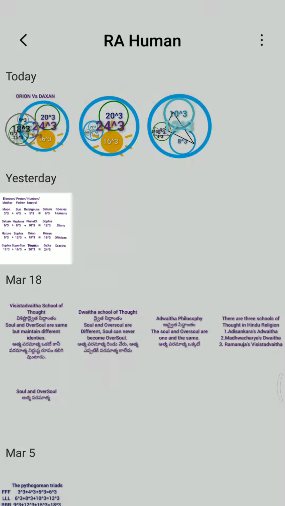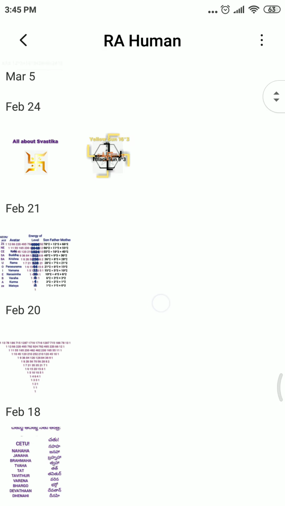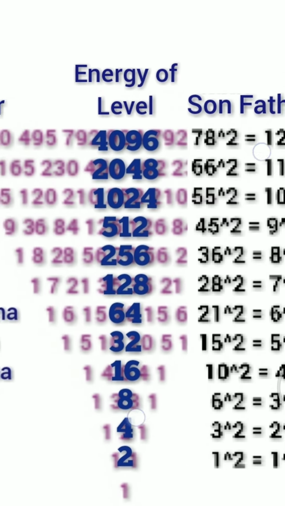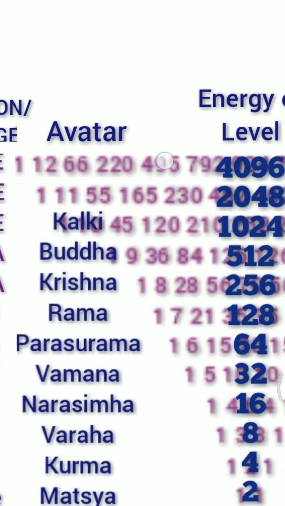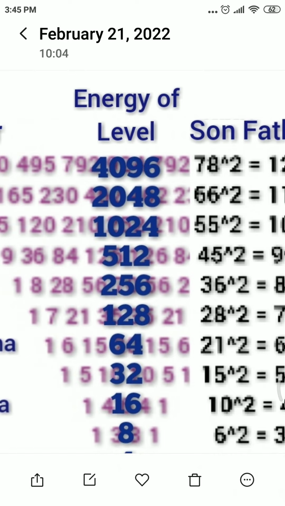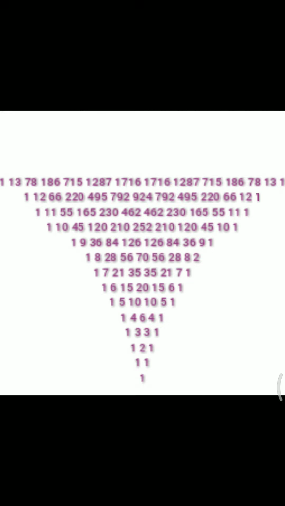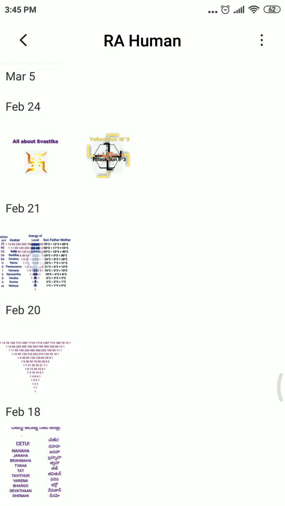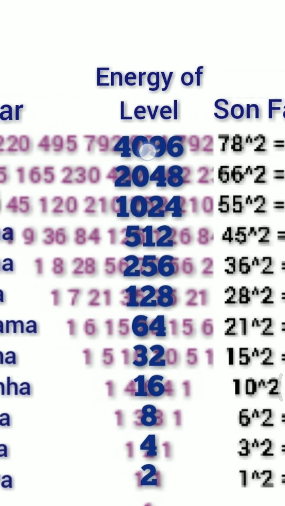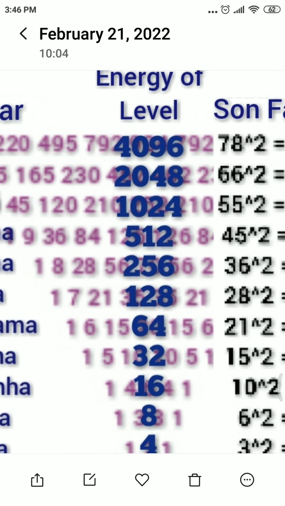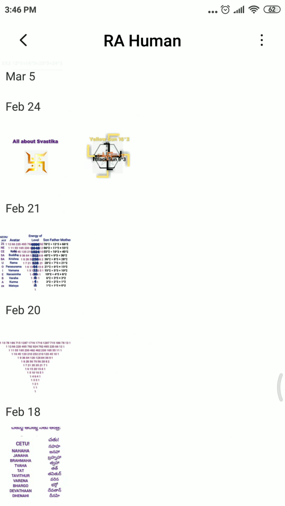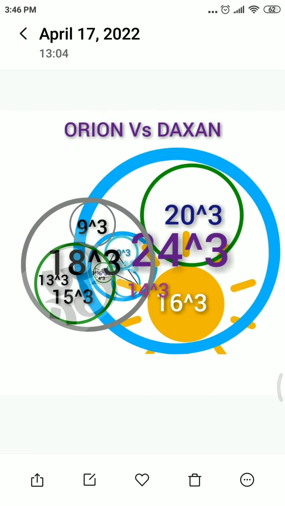And I have earlier explained that when you reach the 12th level here, if you add up all the numbers in that whole row, you will end up with the number 4096. In the sense, the whole level of 12 cube is equal to 16 cube.